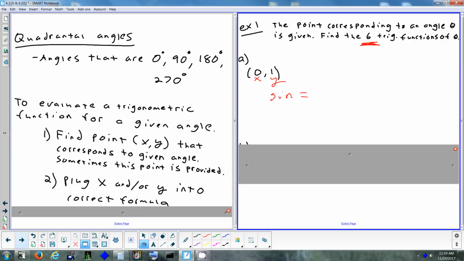What's our definition of sine? What does sine equal? Can you just give me the definition first, and then I'll ask for this particular problem. Sine equals y. So what's y in this problem? 1.